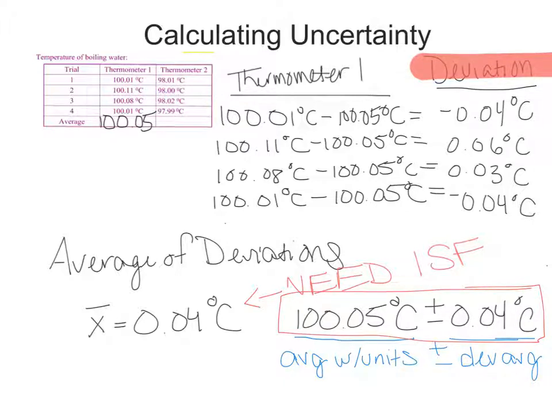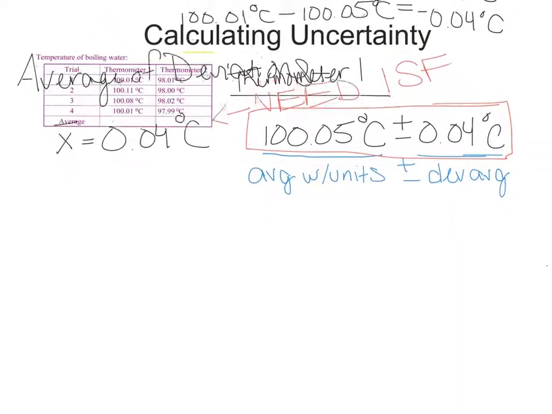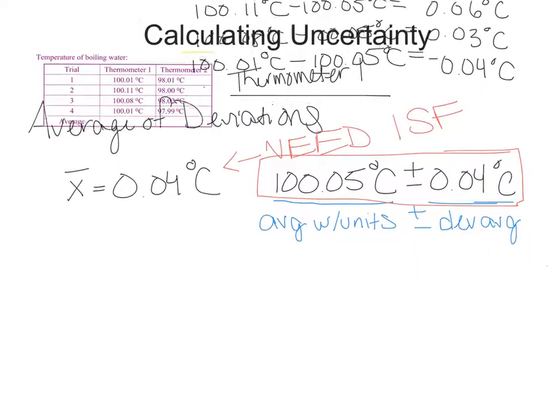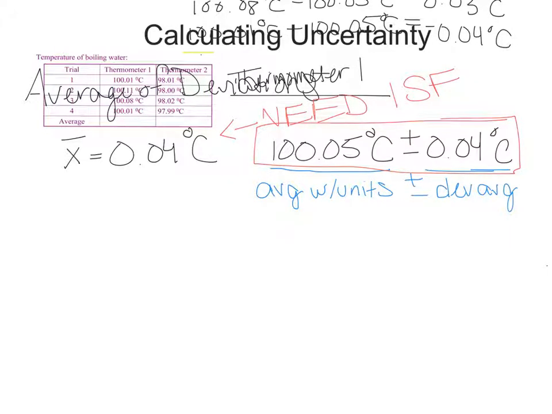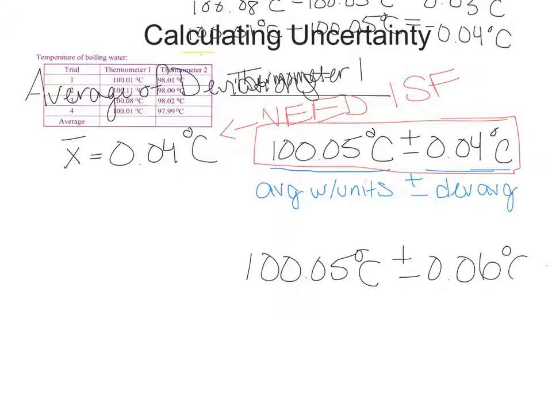Now, I just wanted to show you really quickly, if you've got another answer, say some genius came up with 100.05 degrees C plus or minus 0.06 degrees C. If we were comparing the uncertainty of both, this trial would be more uncertain than this one because the average of the deviations is larger.